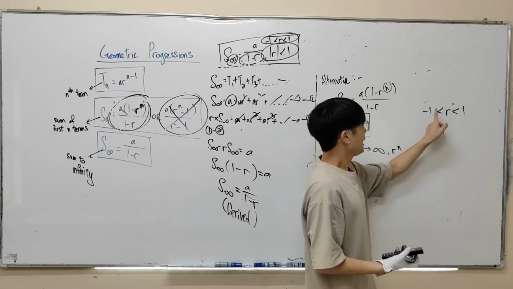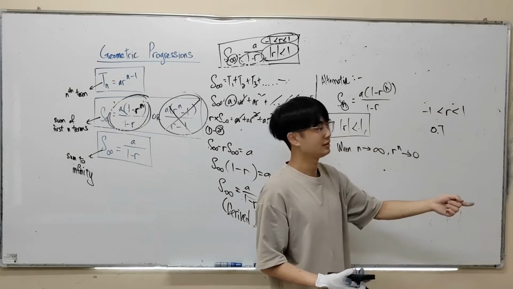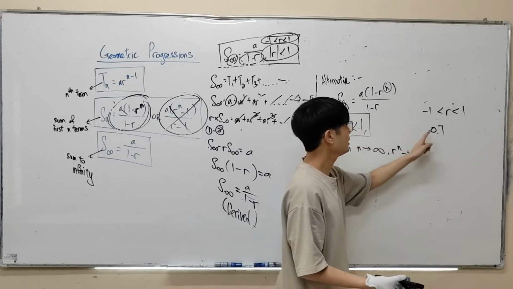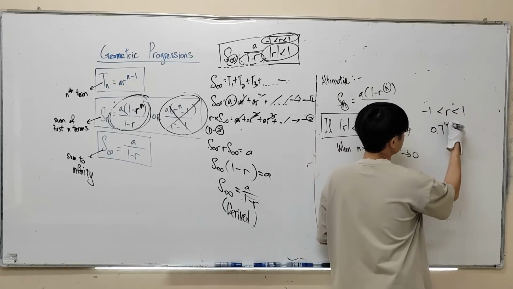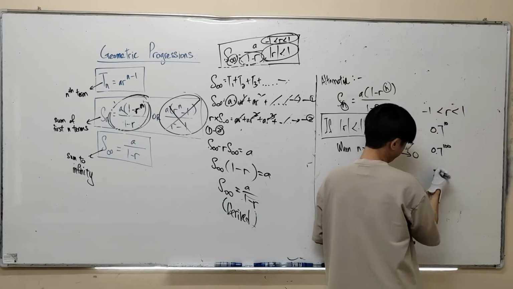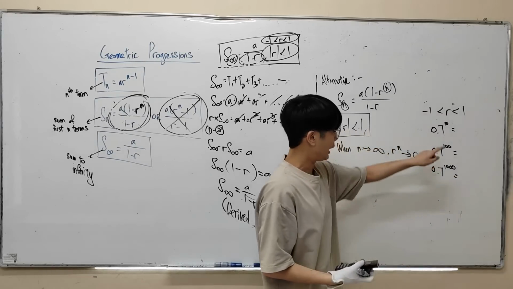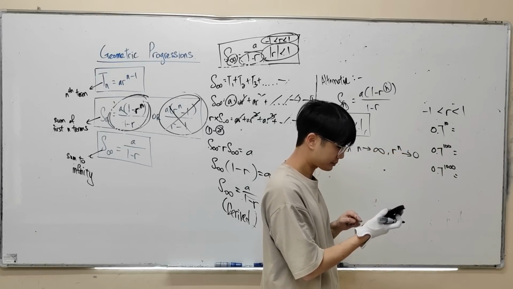Any number that is in between negative 1 and 1 is 0 point something, like 0.7, 0.6. So with 0.7, I want you to try pressing on the calculator 0.7 power 10, 0.7 power 100, 0.7 power 1000. First I will press 0.7 power 10.